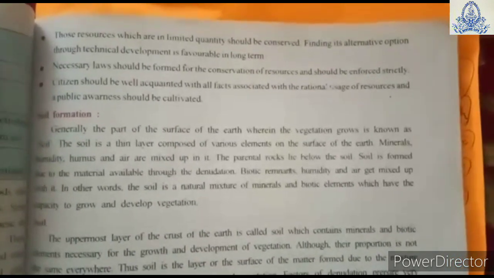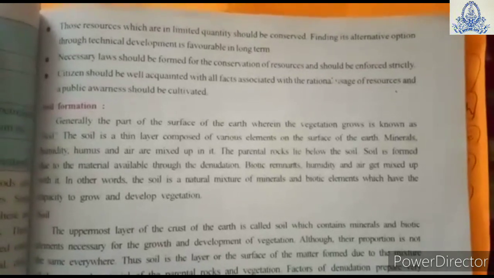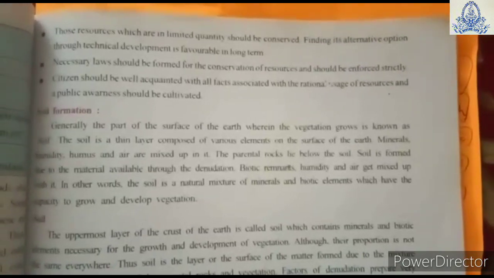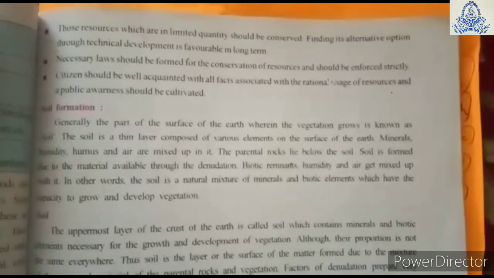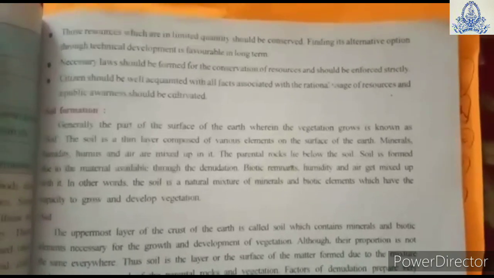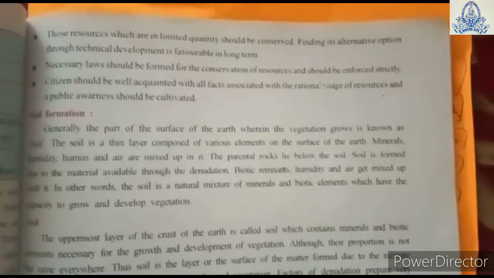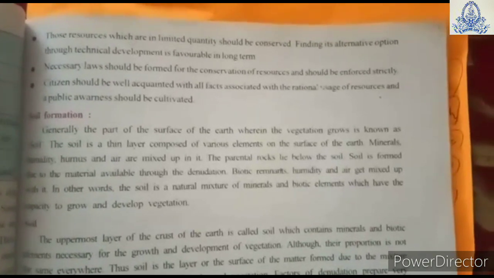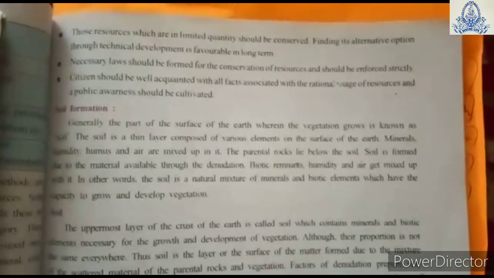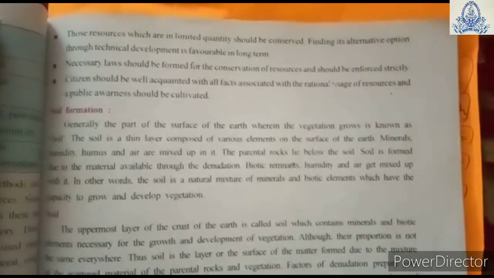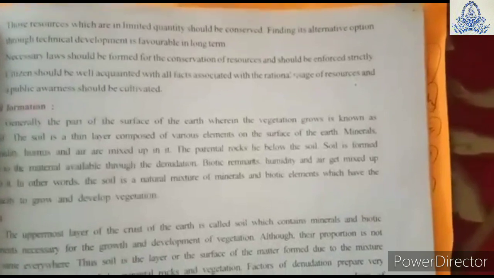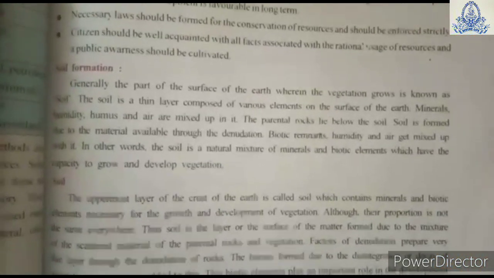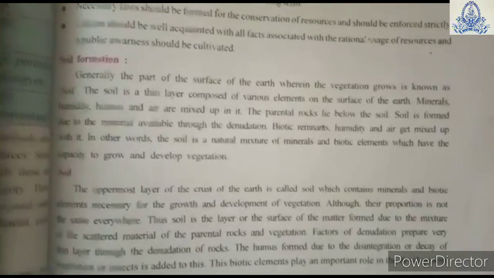Natural factors like temperature, climate, vegetation, topography, time, etc. result in the formation of the flat top portion of the rocks. This process results in the formation of a thin layer of small rocks, clay and dust. In other words, soil is a natural mixture of minerals and biotic elements which have the capacity to grow and develop vegetation.